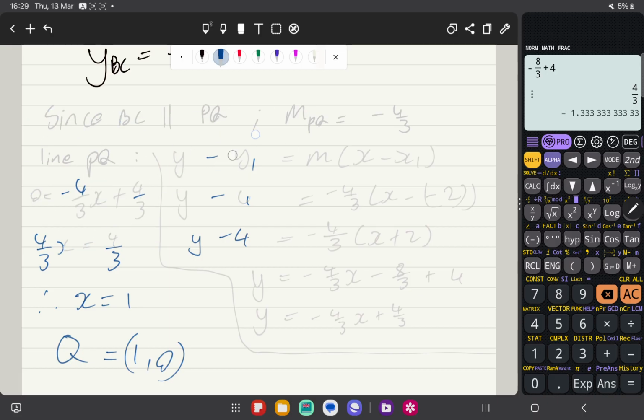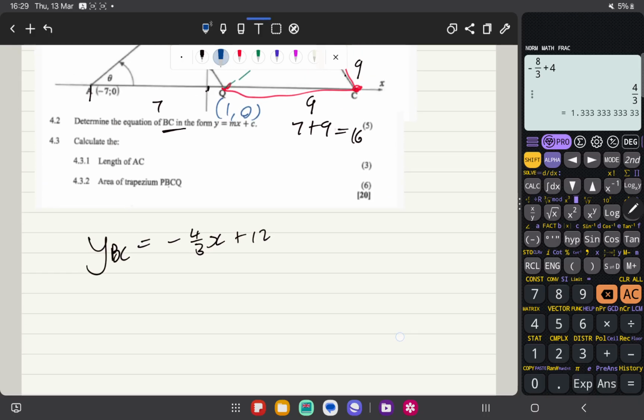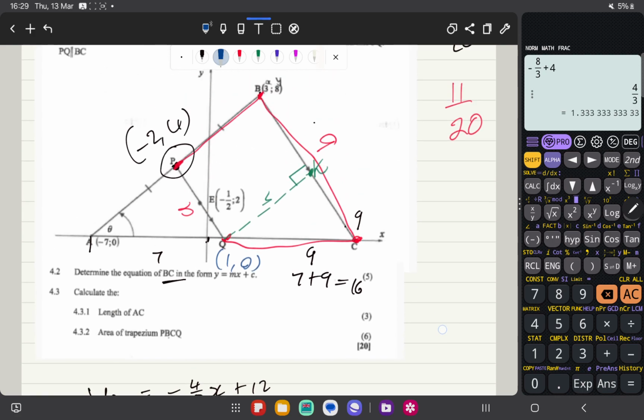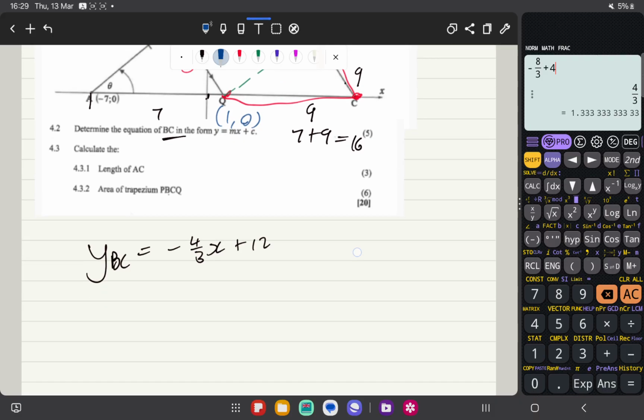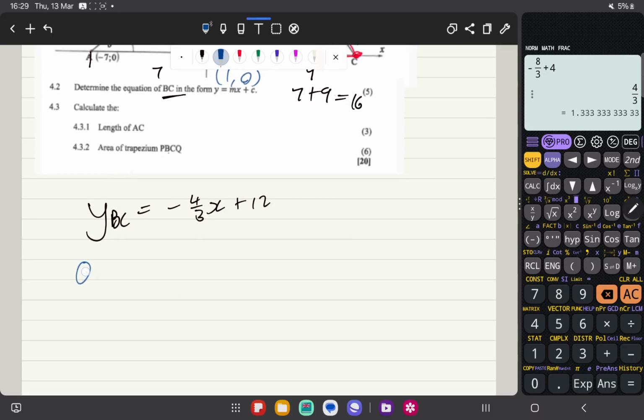I hope I didn't make any mistake with the workings. But now remember, line QK is perpendicular to BC, right? That means the gradient of QK multiplied by the gradient of BC is equal to -1.